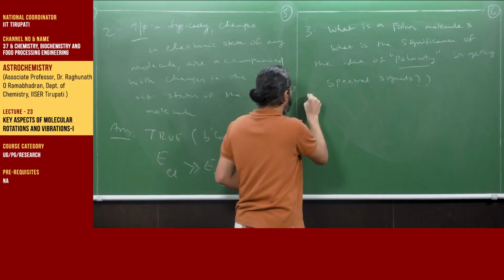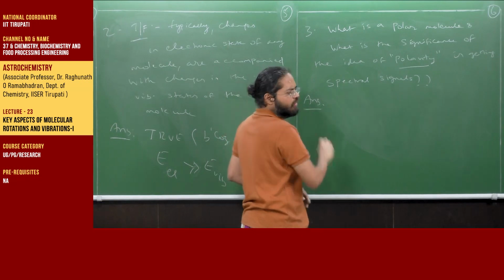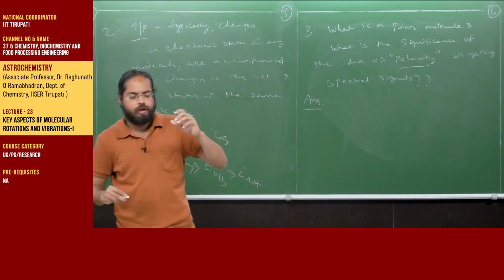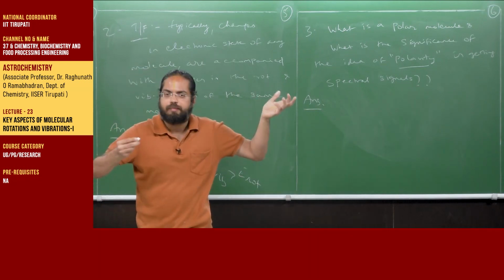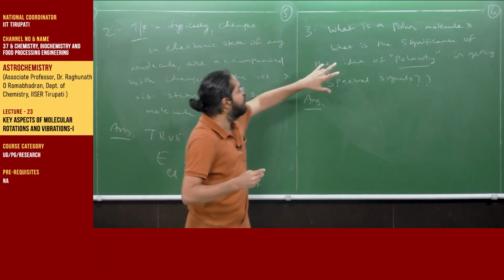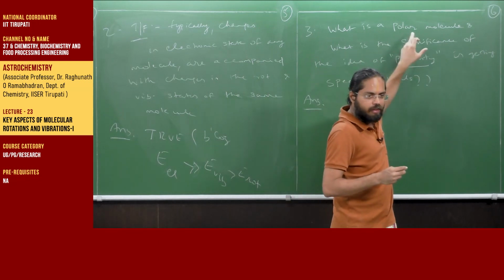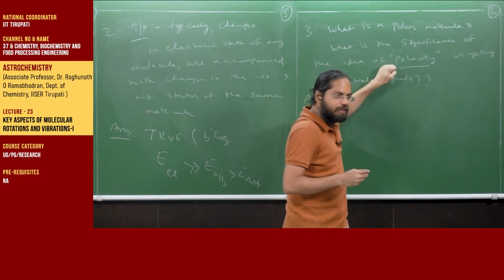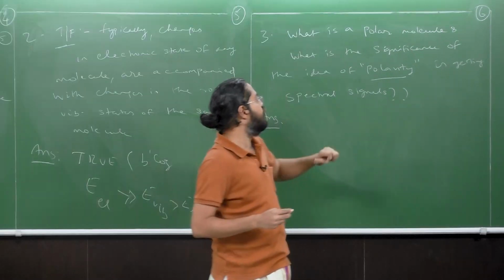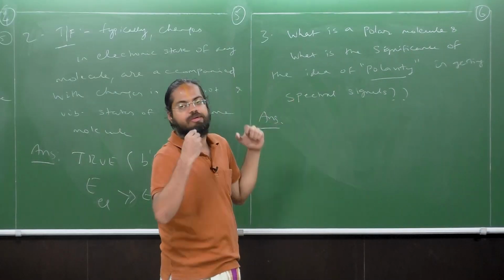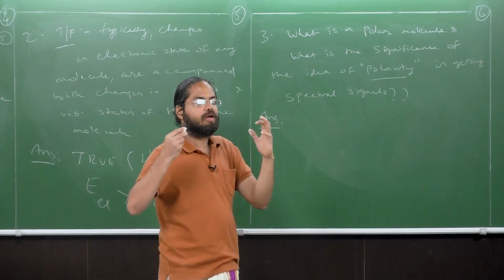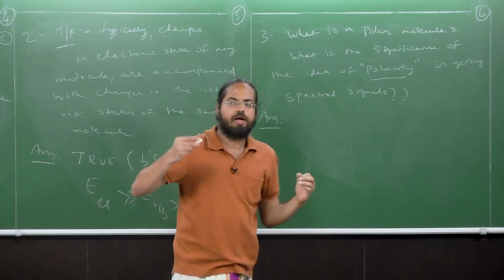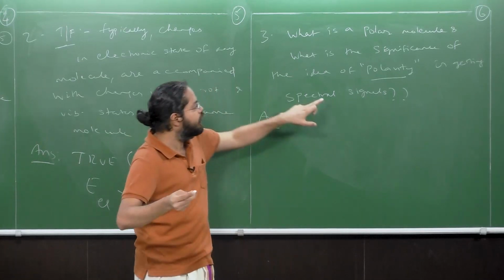So this is a new concept. Although any chemistry major and a physics major also, if you have taken up chemistry or physics in your 11th and 12th, may have some idea about the idea of a polar molecule. And it turns out that this concept of polarity is exceptionally important in astrochemistry, because the concept of polarity is what is going to tell you whether or not it's going to be easy to get a spectral signal.